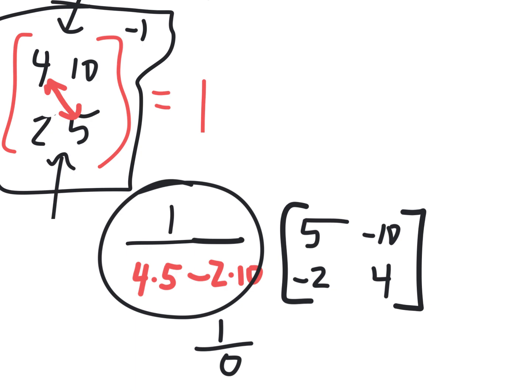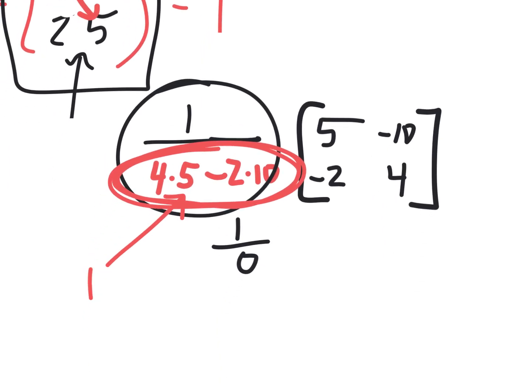If the determinant, which is this part, if that part is 0, then you get 1 divided by 0 means does not exist, right? If this part, which is called the determinant, the DET, if that determinant is equal to 0, then you know this thing won't have an inverse.